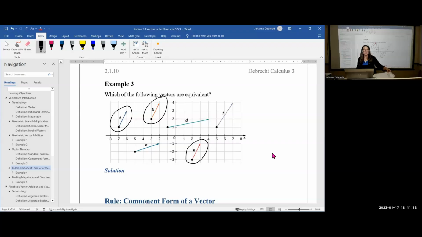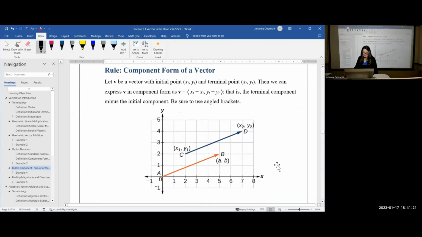All right, so now we're going to talk about the rule for component form and how to add things together when you're in component form. It's exactly what you would want the rule to be. It makes it as easy as you possibly can. So when we're writing something in component form, we take the terminal point and subtract the coordinates of the initial point from it.